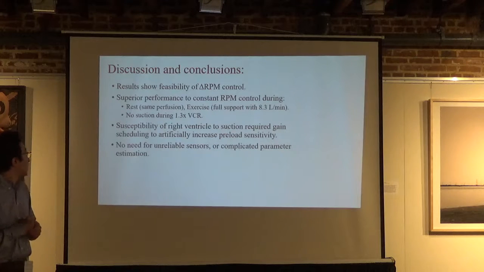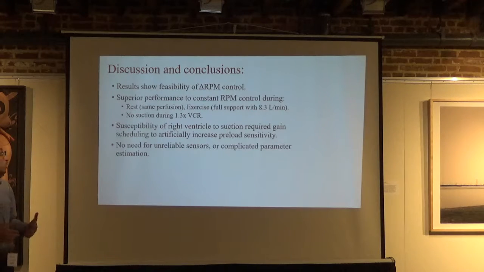We have also been able to demonstrate the superior performance of using delta RPM control as opposed to a constant RPM control during rest, where both were able to provide the same perfusion, and exercise, where the delta RPM control was able to provide full support at 8.3 liters per minute, and no suction events happened with reduced preload.